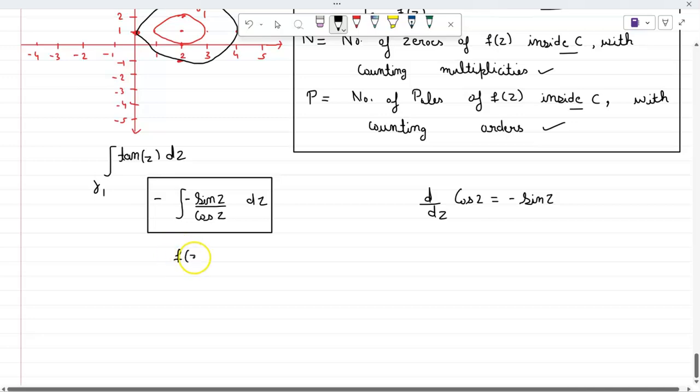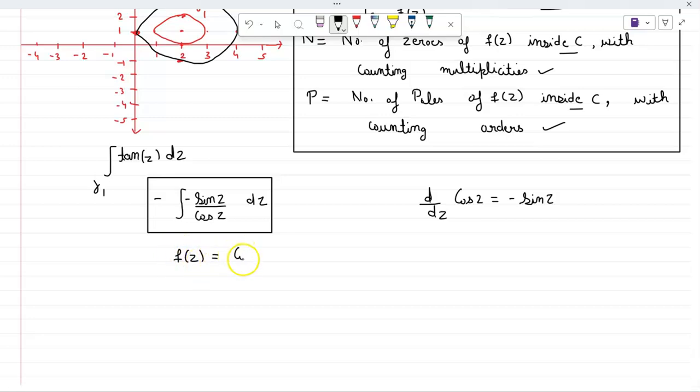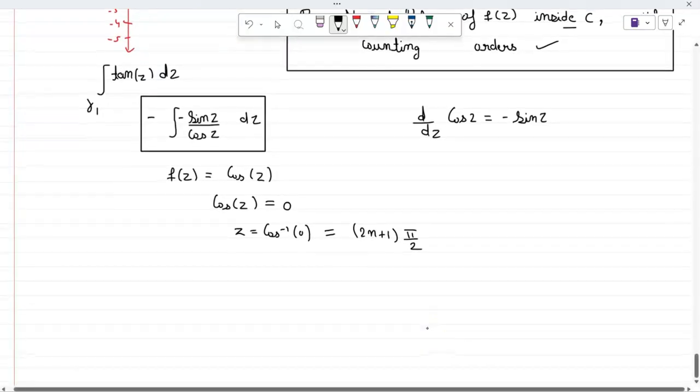So f(z) is equal to cos z. Cos z doesn't have any poles, so we have to calculate the zeros of cos z. The zeros of cos z: cos z is equal to 0, so z is equal to (2n plus 1) pi by 2.